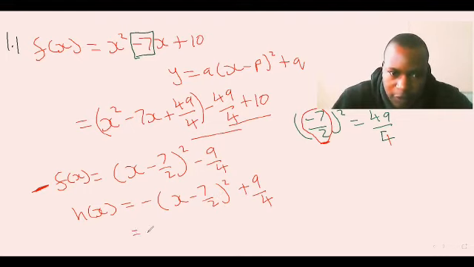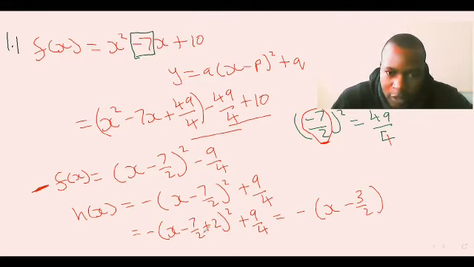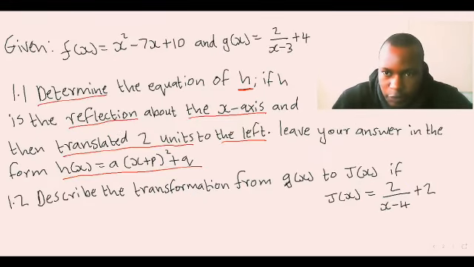So this would be negative (x minus 7 divided by 2 plus 2) squared plus 9 divided by 4, which equals negative (x minus 3 divided by 2) squared plus 9 divided by 4. That is the 7 divided by 2 plus the 2. Now that would be the complete transformed function, which is what 1.1 wanted us to do.